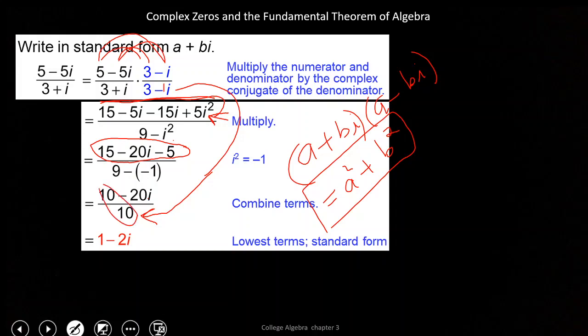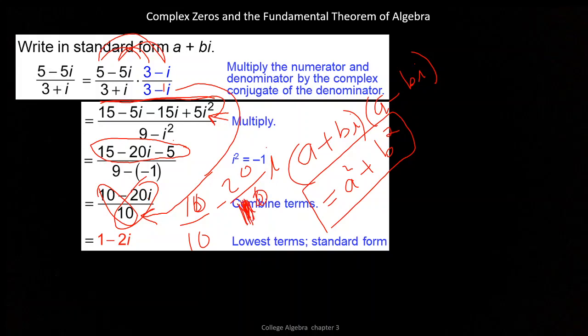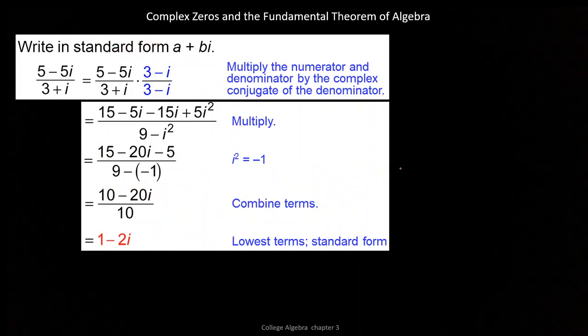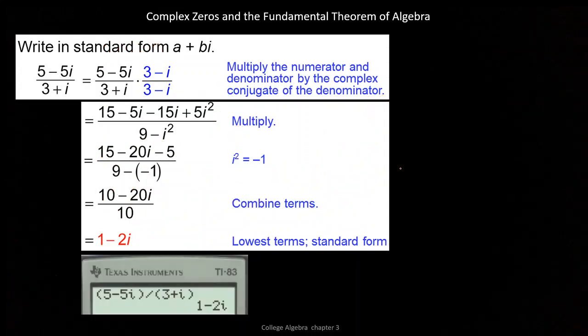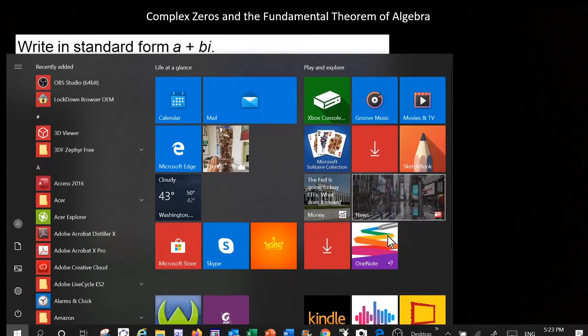This 10 belongs to both, so if we separate it into two fractions, we get 10 over 10 minus 20 over 10 i. 10 over 10 is 1, and 20 over 10 is 2. Okay? So that's the answer.